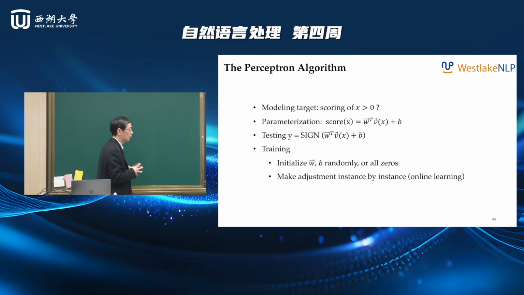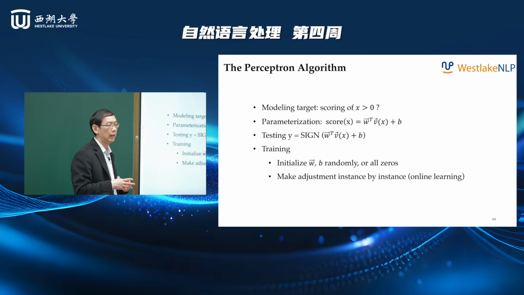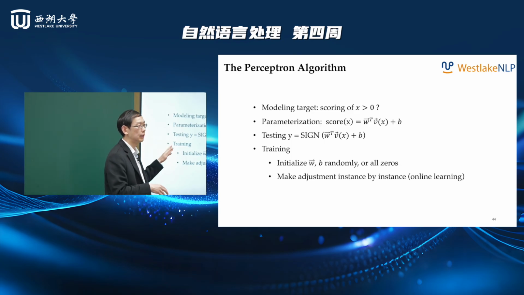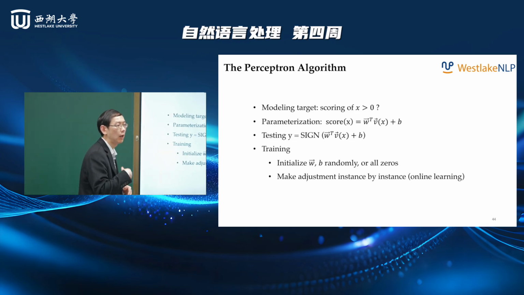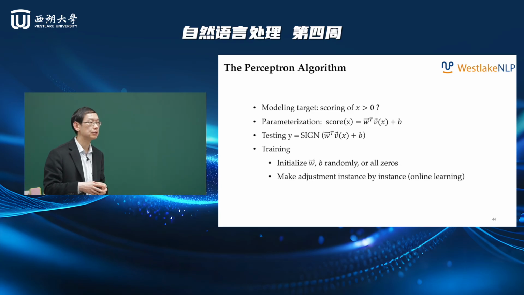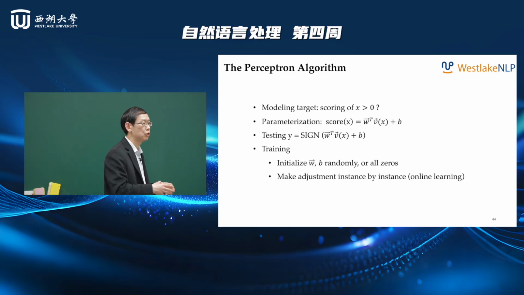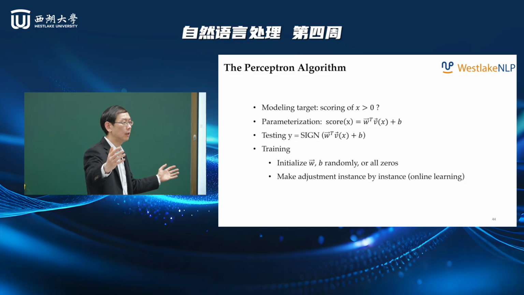Perceptron is an online learning algorithm. By online learning, I mean it initializes the parameters randomly or to all zeros, and then it goes through all the training instances one by one to update its parameters. This is called online learning. My training sets are these vectors.